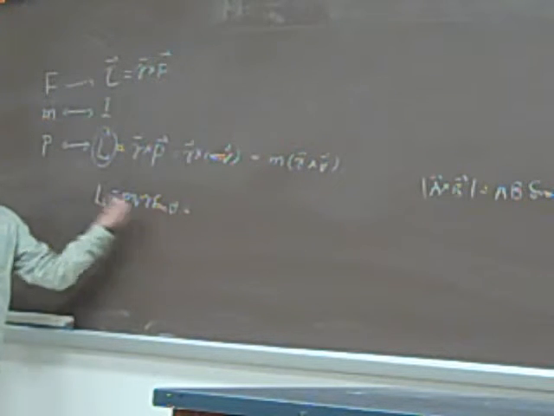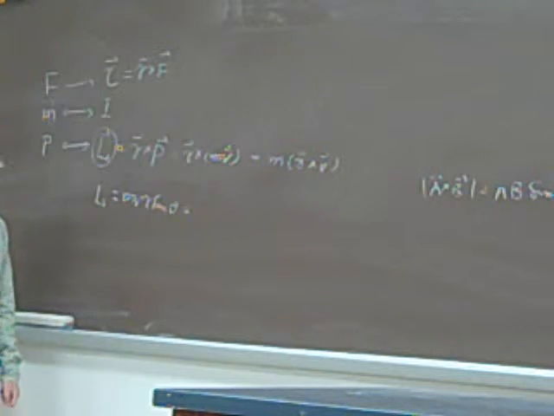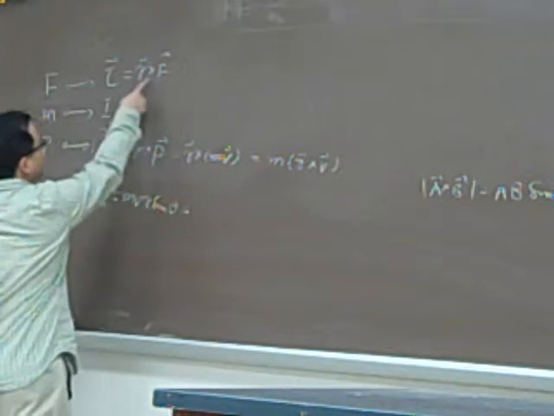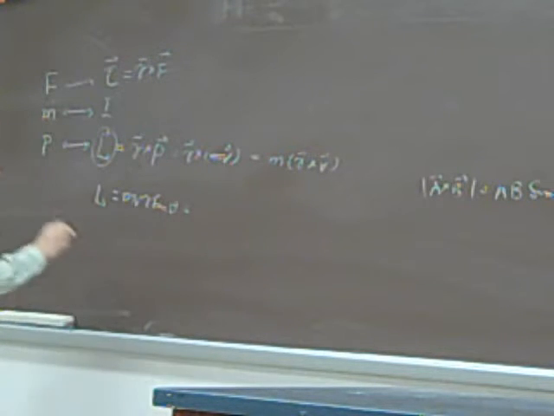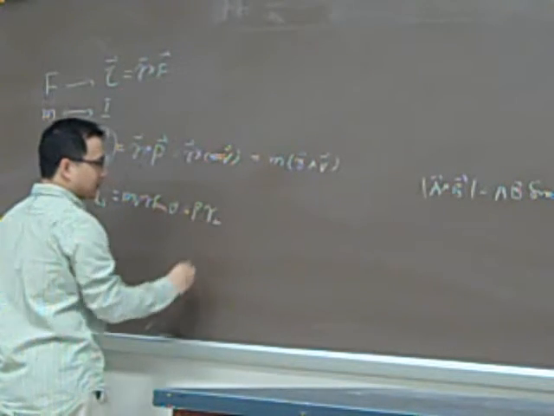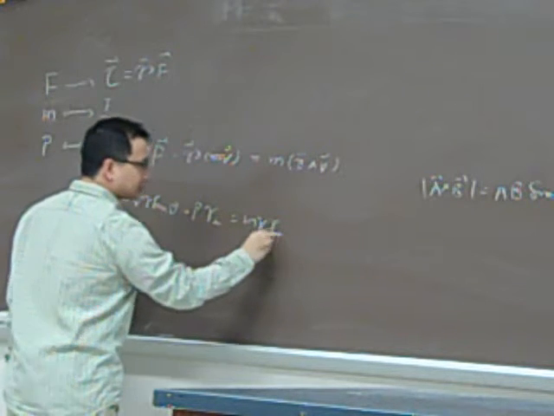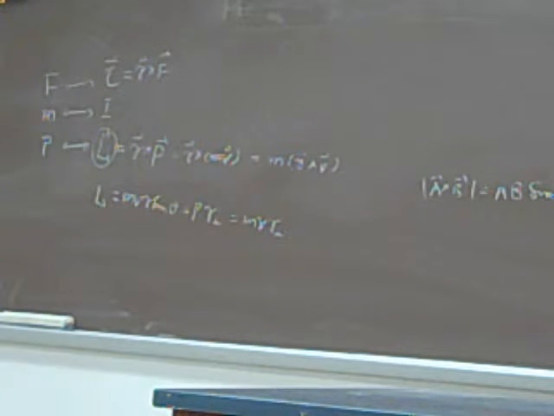Theta is the angle between the momentum direction and the radius direction. Similarly, you can write it as p, the momentum, multiplied by r perpendicular, or mv multiplied by r perpendicular.